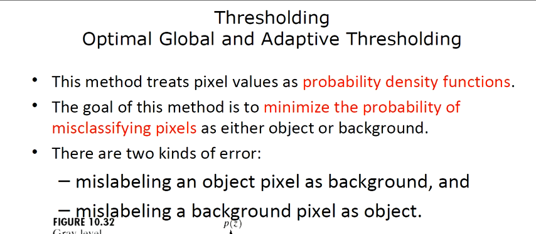But two kinds of error may arise while doing so: mislabeling an object pixel as background and mislabeling a background pixel as object. So these two types of error are associated with this type of thresholding technique. But otherwise, the benefit of global thresholding is that the segmentation can be done with less time complexity, while in case of adaptive thresholding, the result may be better, but the complexity will be a little bit higher also.